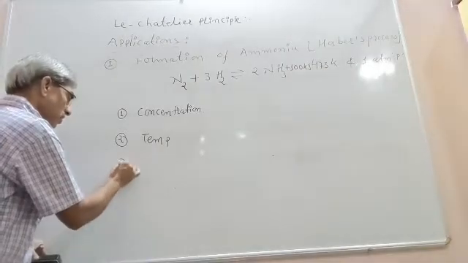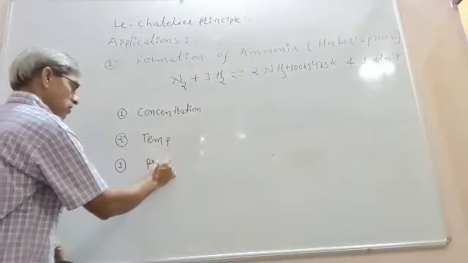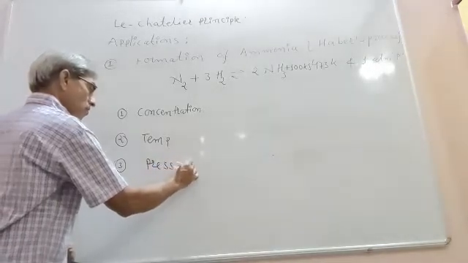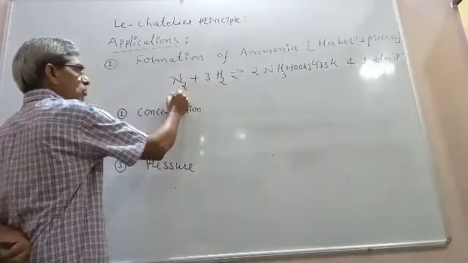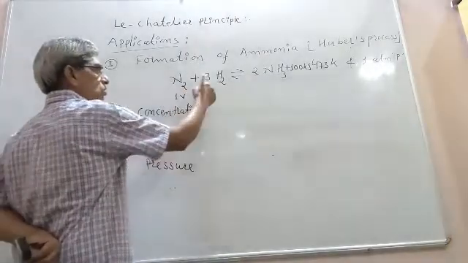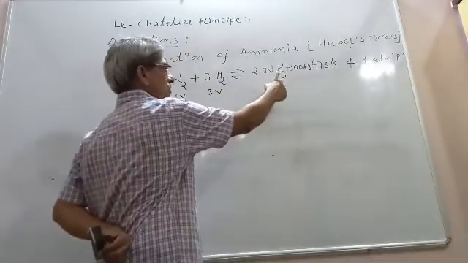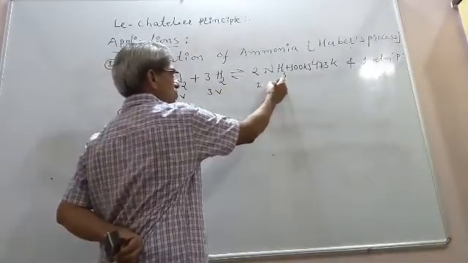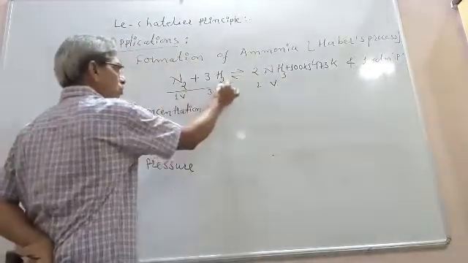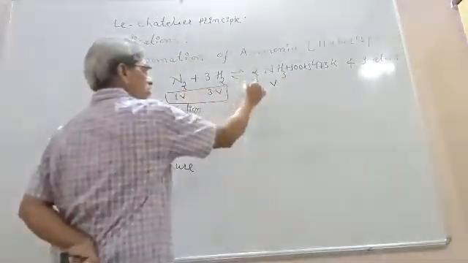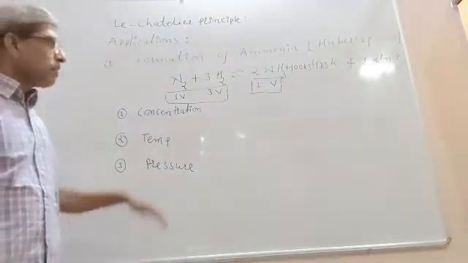Now third, pressure. One molecule of nitrogen means one volume, three molecules of hydrogen means three volumes, and two molecules of ammonia means two volumes. So a total of four volumes get converted into two volumes. What does it indicate?